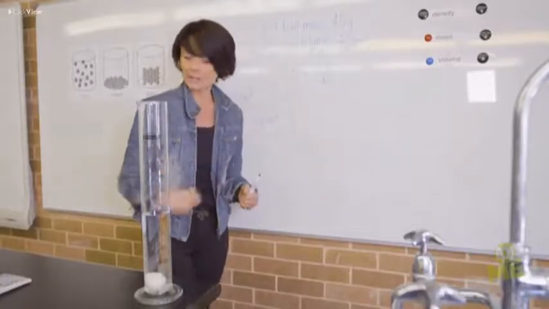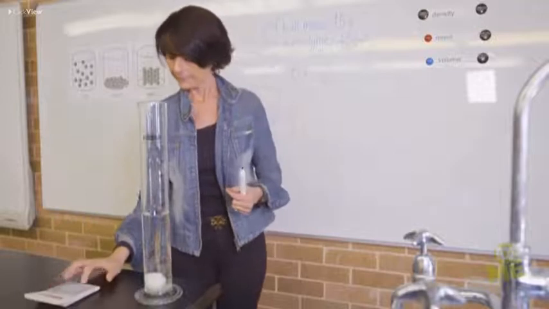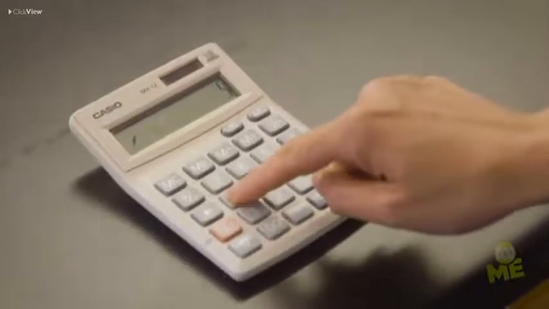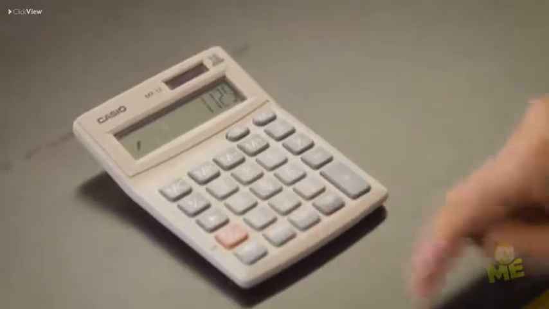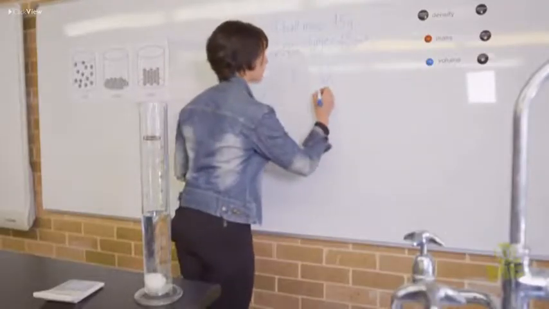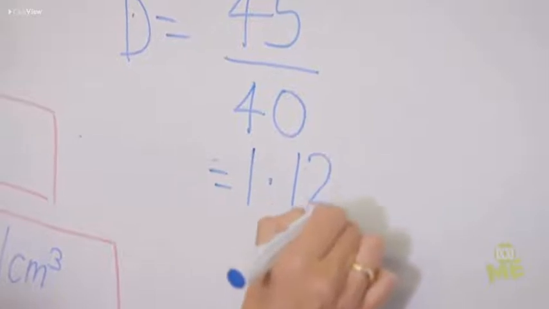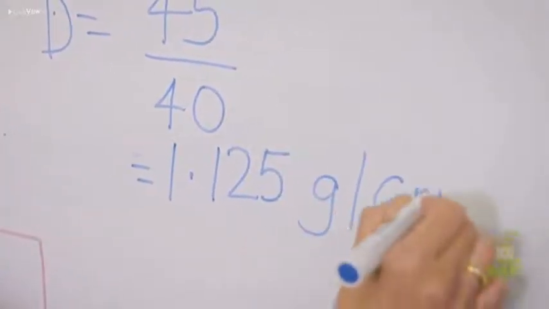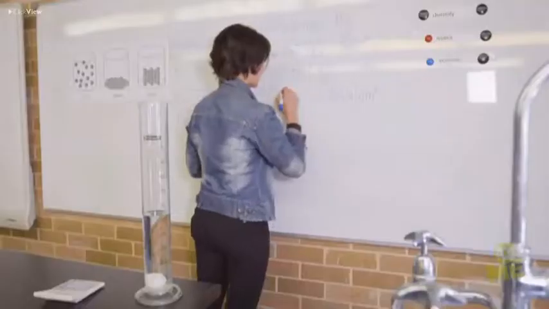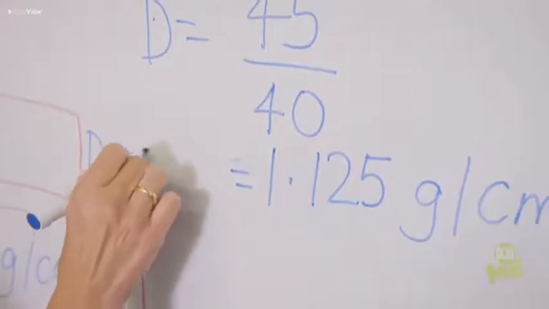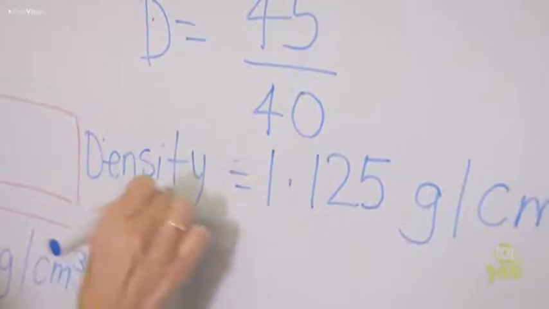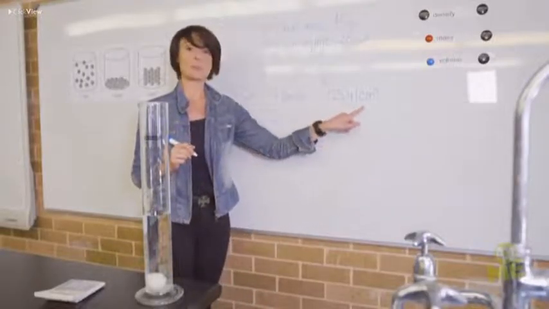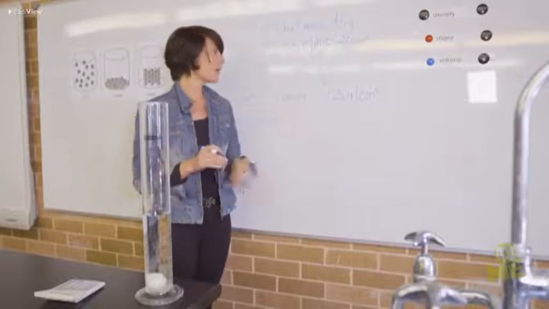You could use a calculator to work this out. 45 divided by 40 equals 1.125. And the units we use are grams per cubic centimetres. So the density of our golf ball was 1.125 grams per cubic centimetre.